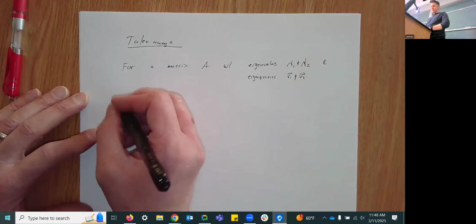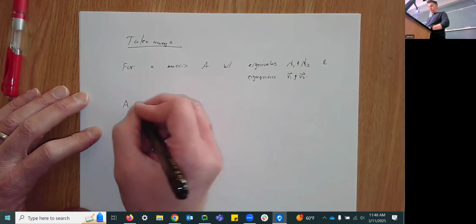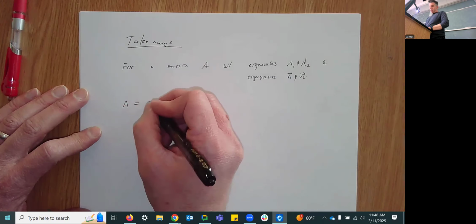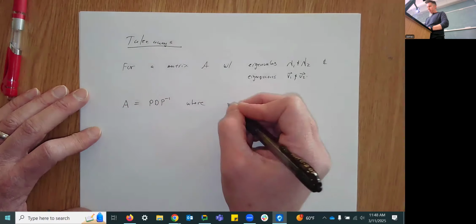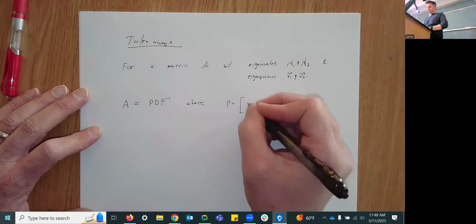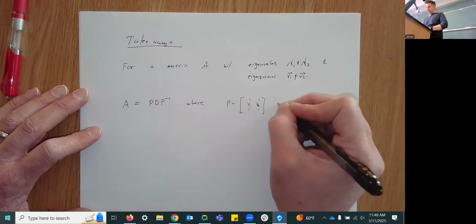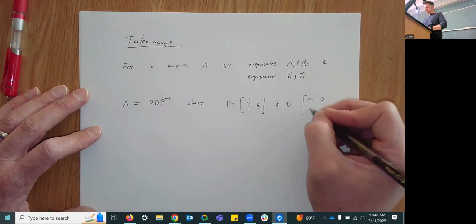We can say that A is equal to P D P inverse, where P is the matrix of eigenvectors, and D is the diagonal matrix of eigenvalues.